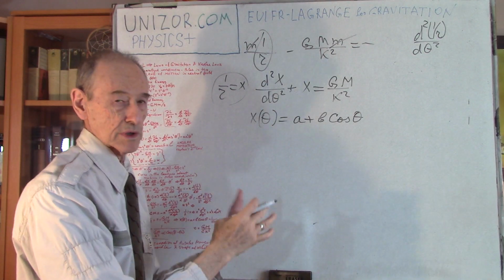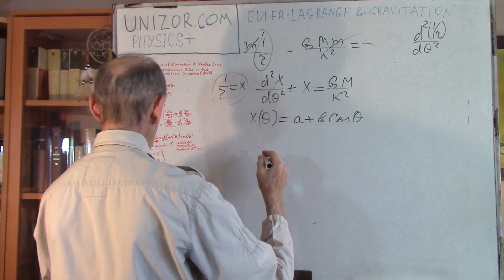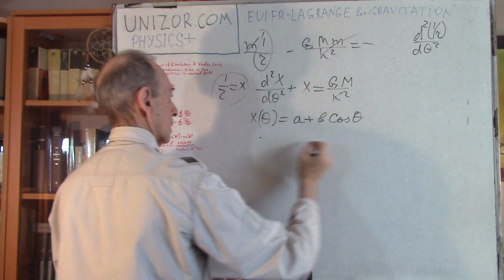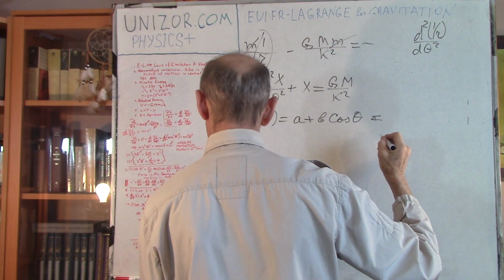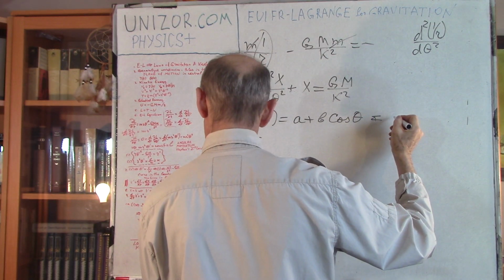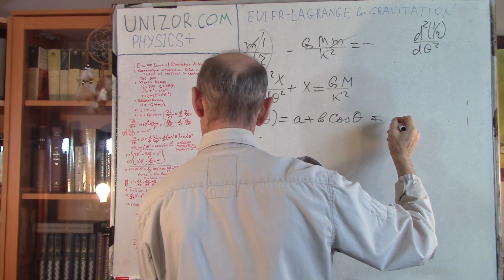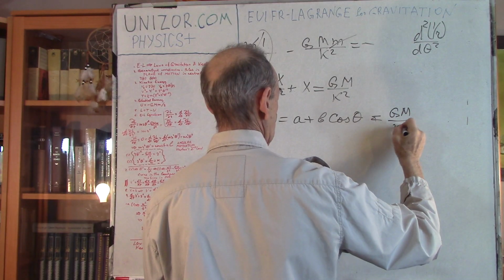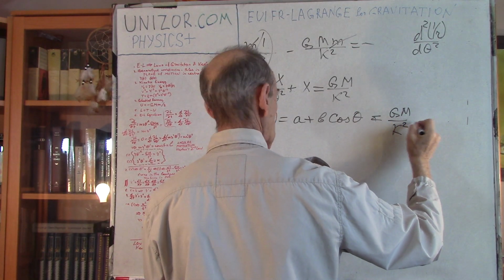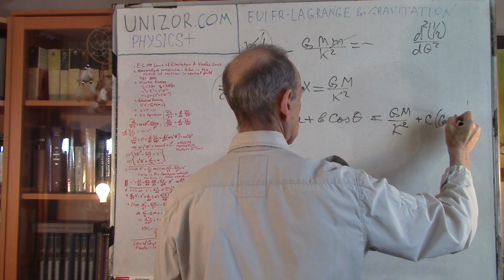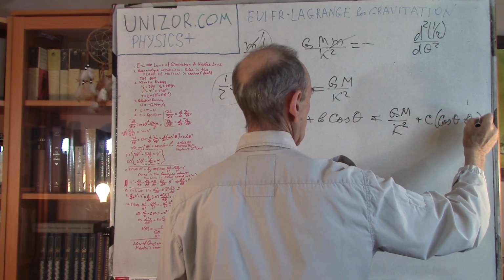I mean, if you do it really accurately, you will have a different expression. It would be, let me put it this way, gm over k square plus c cosine of theta minus theta 0.